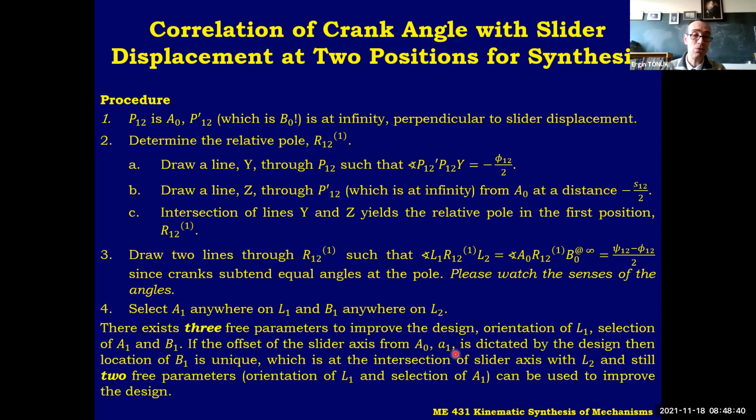Of course, you can't select B1 anywhere on L2, but it is imposed by this distance, so B1 would be unique. So if this is one design constraint, you lose one of the free parameters, but still you have 2 free parameters, which is good enough, still very good enough to improve the design.